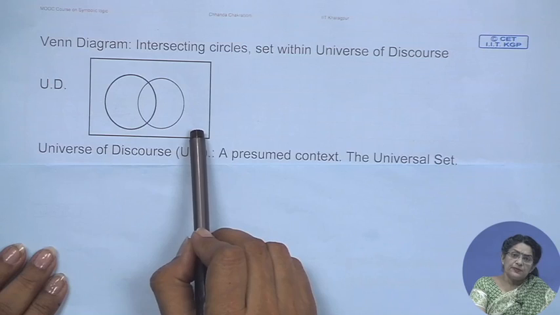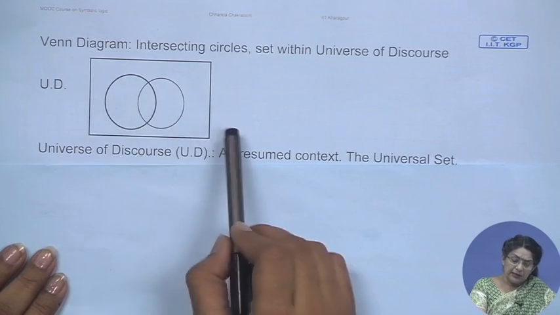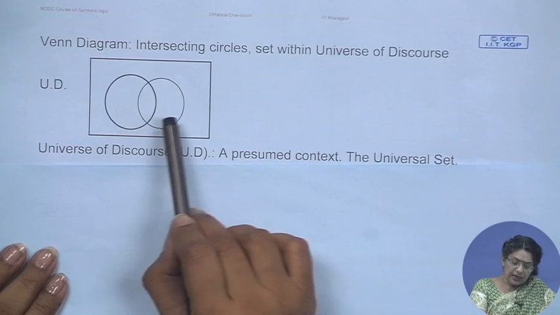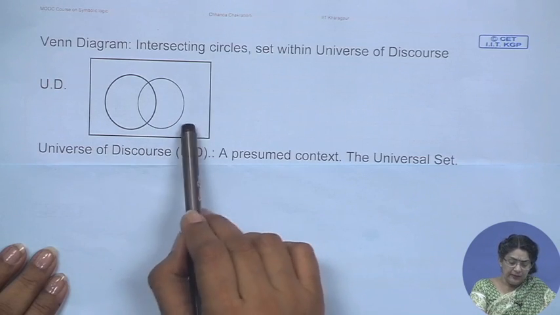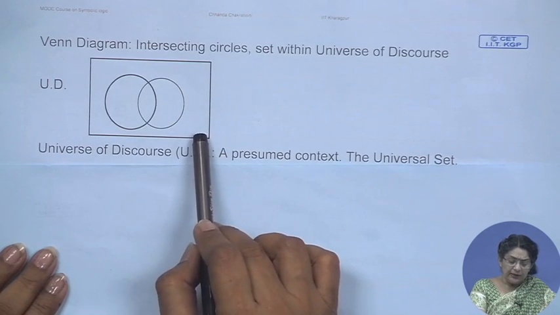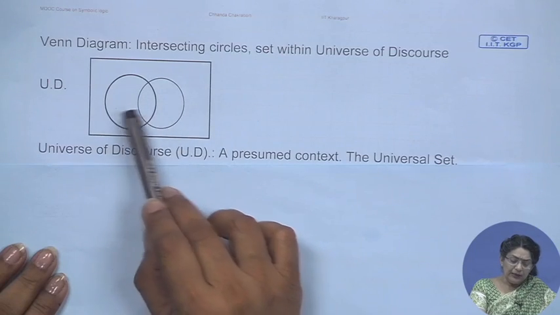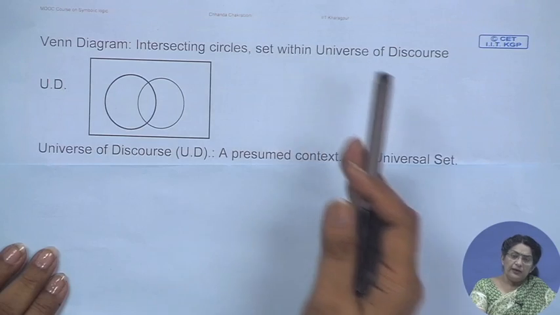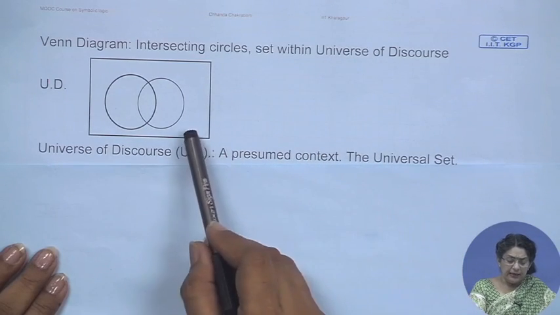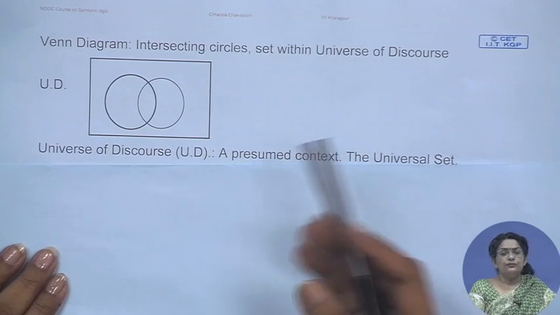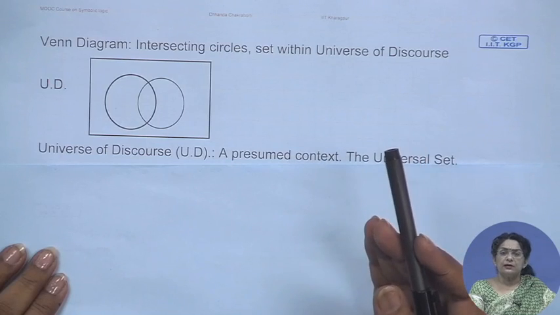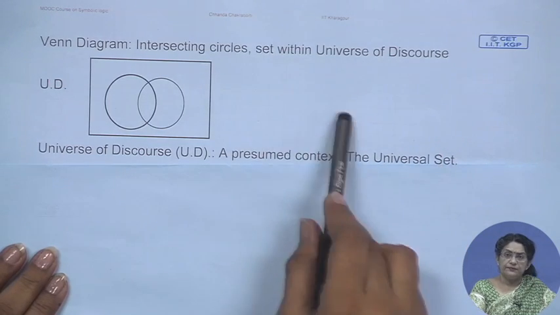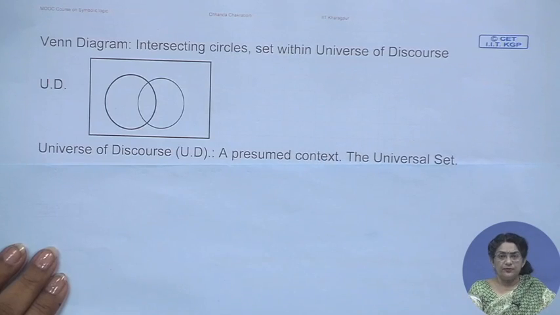And within this, please note, within the context there is space for what is not this class or what is not that class, namely the area within the rectangle, but not within any of the circles. So there may be many things outside the purview of this class consideration, and those things are here outside the purview.